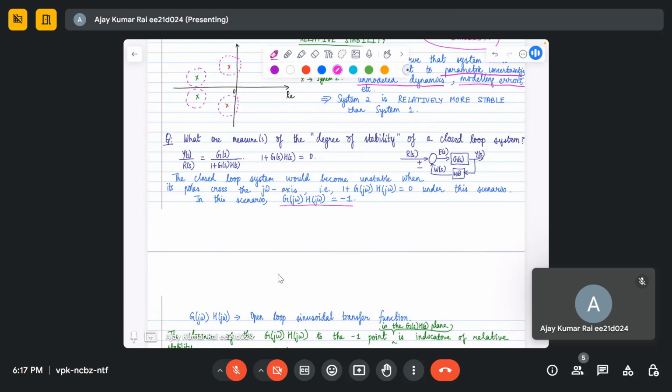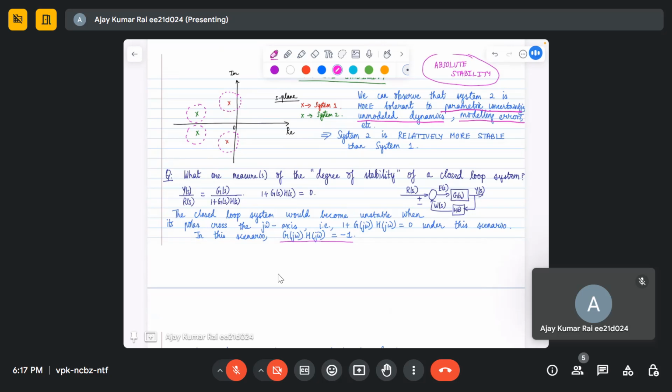So it has to cross the j omega axis to the right half plane. That's what we are taking here. The closed loop system would become unstable when its poles cross the j omega axis. Under this scenario, what will happen?